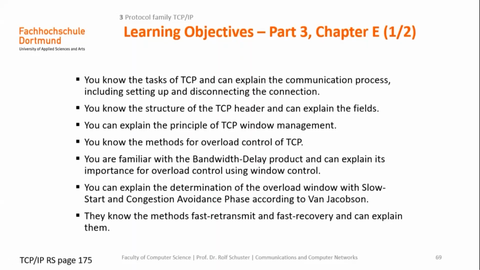Remember that the bandwidth delay product is used when we calculate the optimal window that we need to use if the channel presents a particular bandwidth, for instance measured in bits per second, and some particular end-to-end delay, that is the typical round trip time delay.